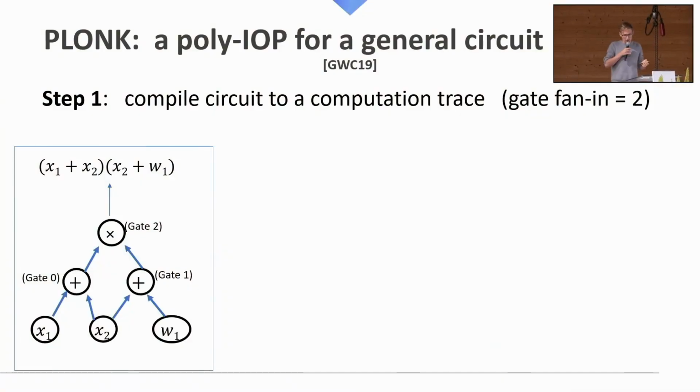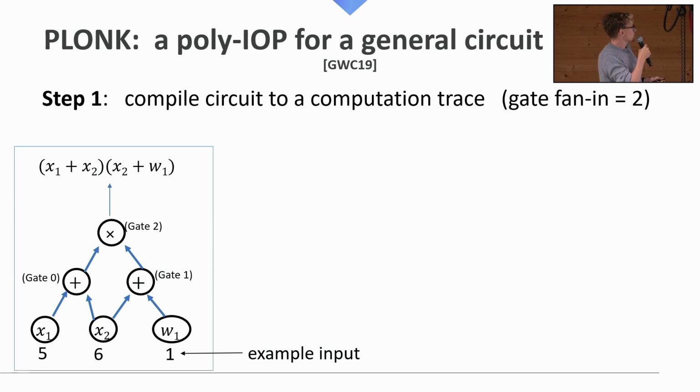And to start out, I want to talk a little bit at a high level about how Plonk works. In Plonk, we start with some circuit that has addition and multiplication gates. There are some public inputs x to the circuit and some private inputs w. It turns out that you can always represent the circuit as a multivariate polynomial of all of the inputs and witnesses.